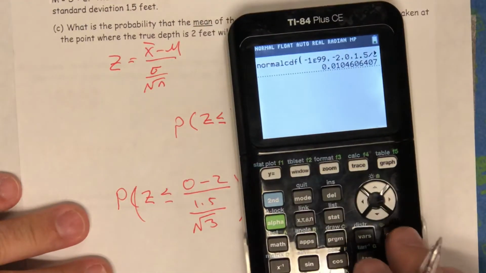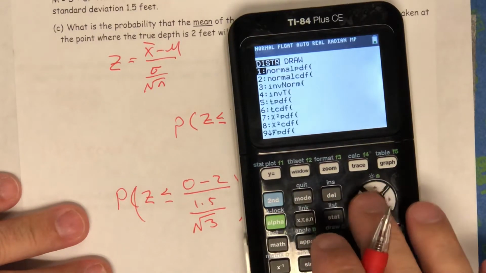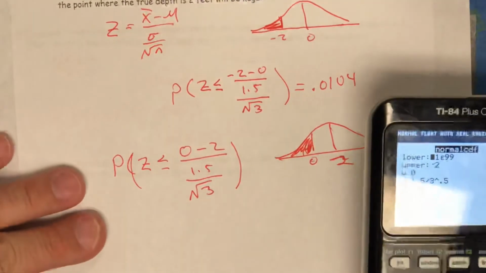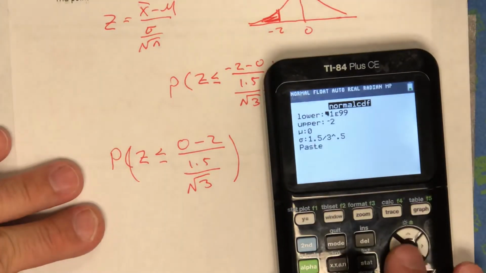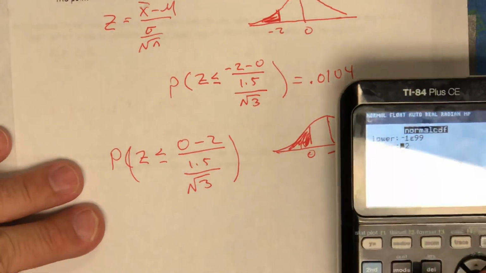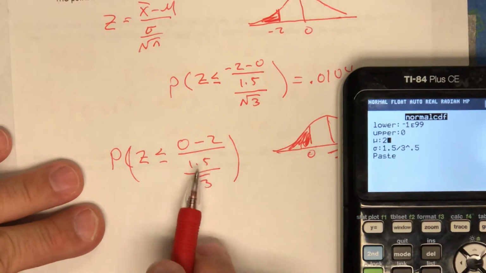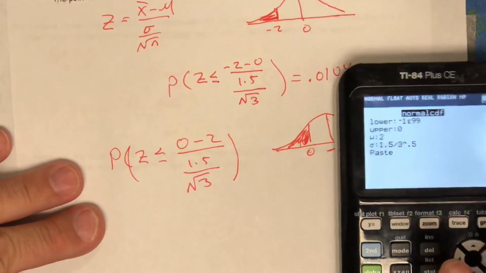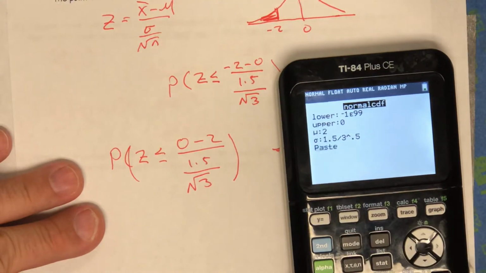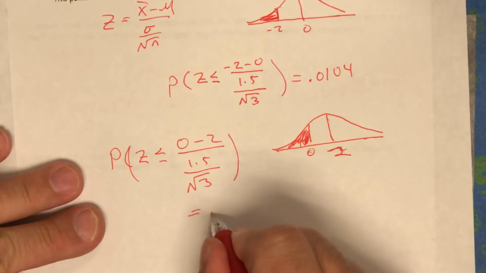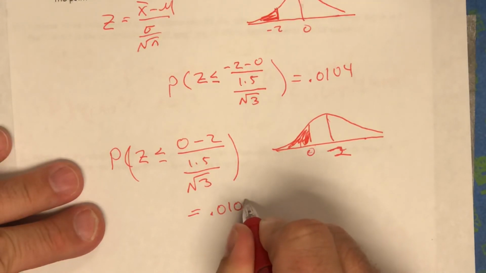When I plug that into the calculator, again, it's second VARS, normal CDF. Lower bound still the same because it's negative. Upper bound is 0 based on my shading. Really important to have that graph so you don't make those type of input errors. Standard deviation is still 1.5 divided by the square root of 3. And once again, I would get the exact same answer. So either one of those two methods is acceptable.